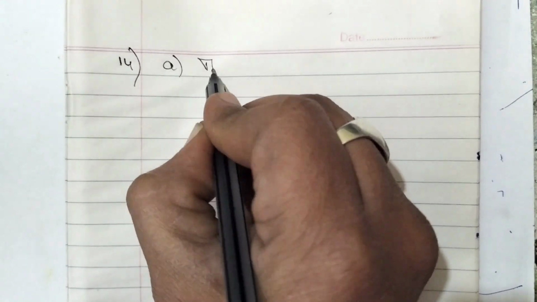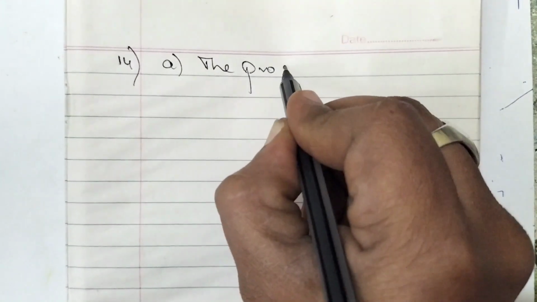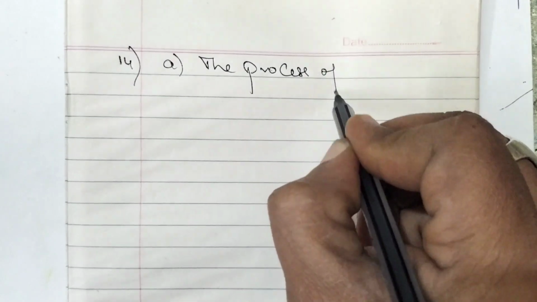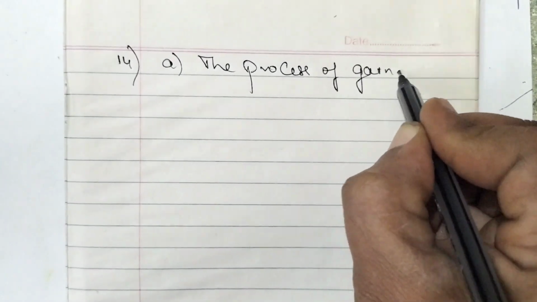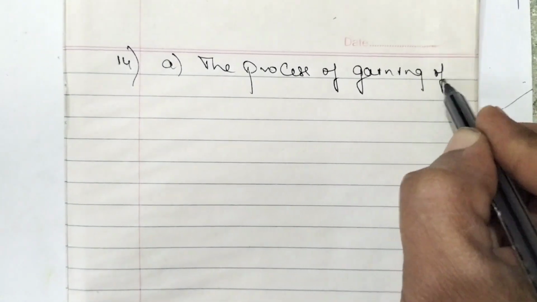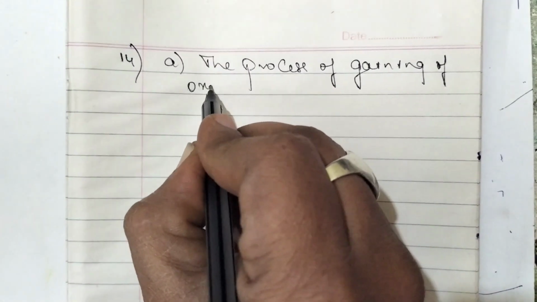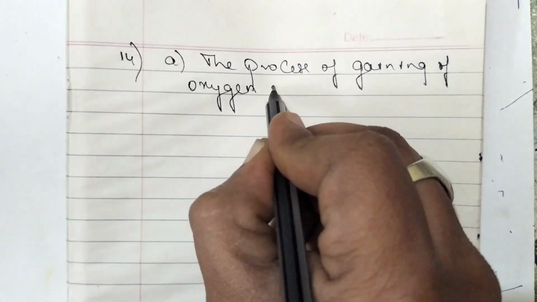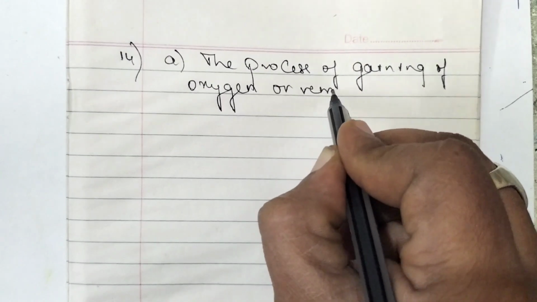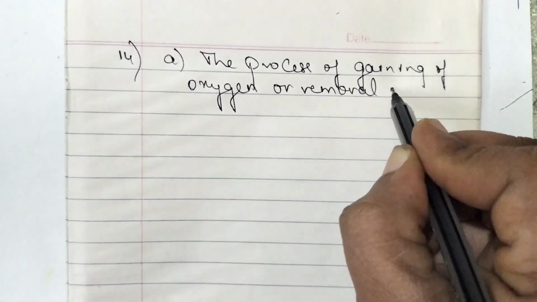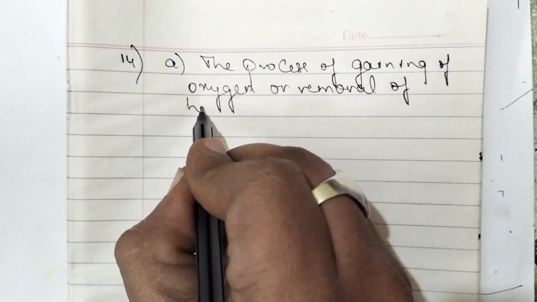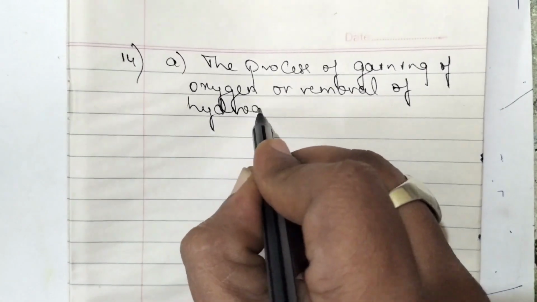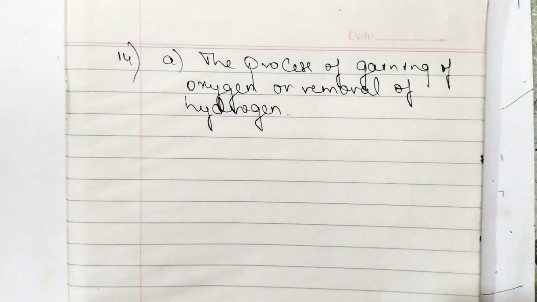The process of gaining of oxygen or removal of hydrogen is called oxidation.